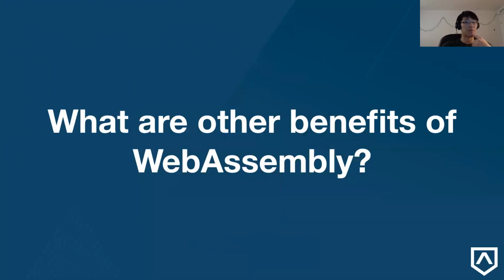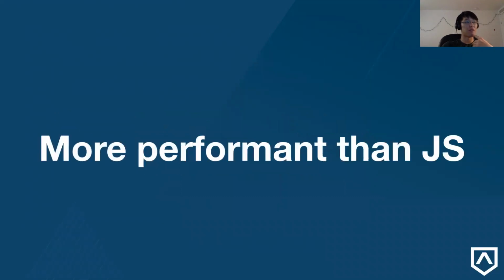Let's talk about some other ones. Chief off the bat is also that WebAssembly is more performant than JS. And this is kind of, well, let's take a little bit of a look at that. But kind of the main reason why, if I were to summarize it into one reason, is that, again, it goes back to the fact that JS is actually designed to be written by a human, whereas WebAssembly is not.